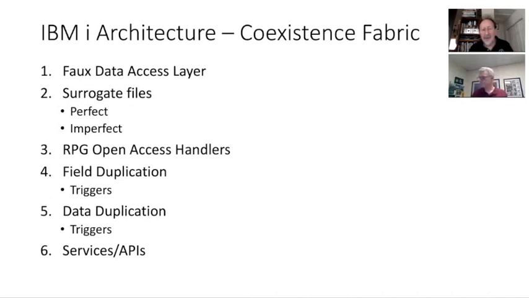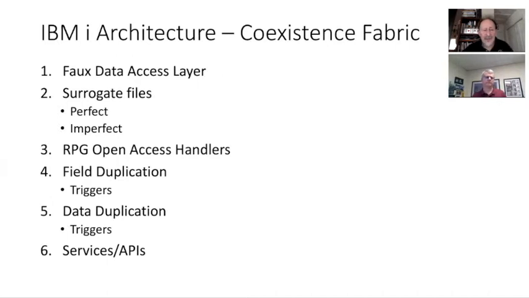They aren't designed to be permanent; once we've modernized the entire application, they should go away. We've discovered that some people leave parts of their application unmodernized, and so sometimes these artifacts last longer, but they're really temporary coexistence fabric artifacts.